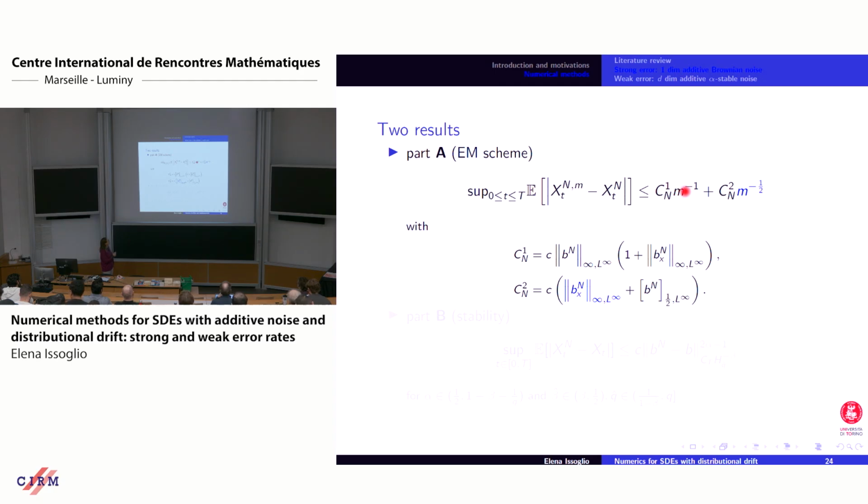So there is m to the -1 and n to the -1/2 with two coefficients in front which depend on capital N. And this is important because then I will have to choose capital N as a function of m. And these C1 and C2 explode as n goes to infinity, because they look at the norm of Bn in L infinity, at the derivative of Bn in L infinity, and also at its Hölder semi-norm in 1/2.